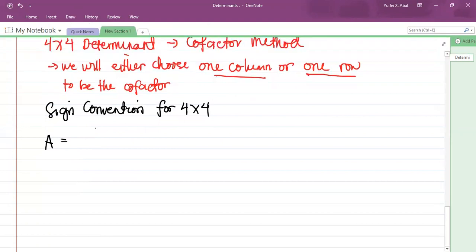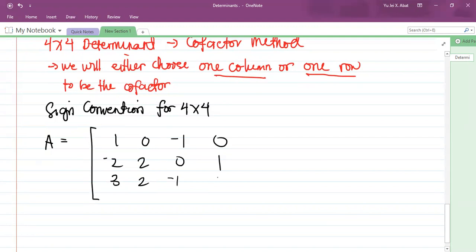Yan. So you have, let's say 1, 0, negative 1, 0, negative 2, 2, 0, 1, 3, 2, negative 1, 4, and then we have 6, 2, negative 1, and 2. Okay? For example, 4x4 yan.